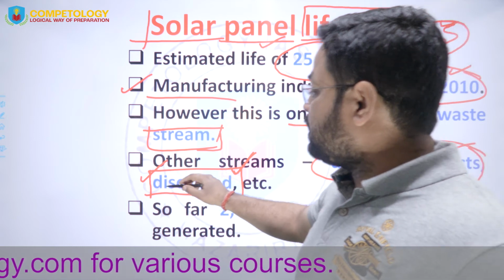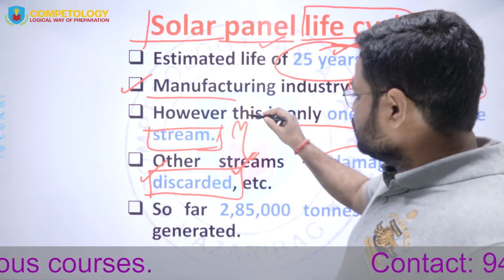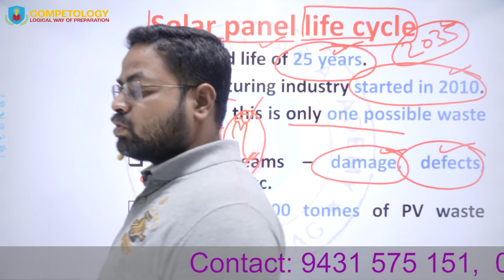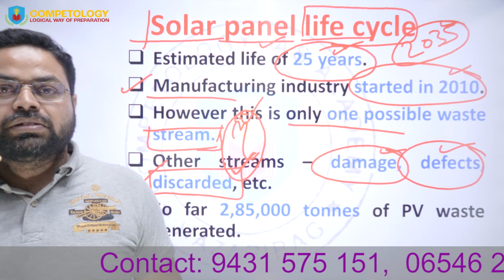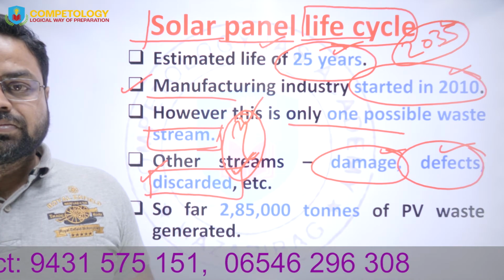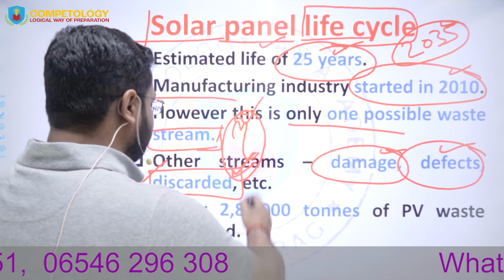They will say that the efficiency of the system is not so high, so to produce more electricity within the same space, we should change the panels, and if they discard in this manner, then they will go to the waste. These equipments will be wasted and they will contribute to the PV waste.